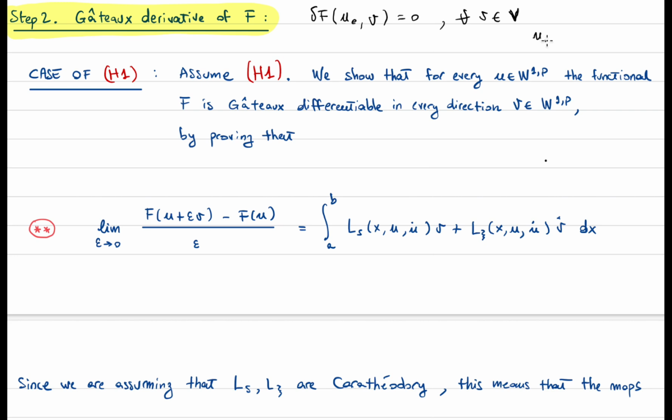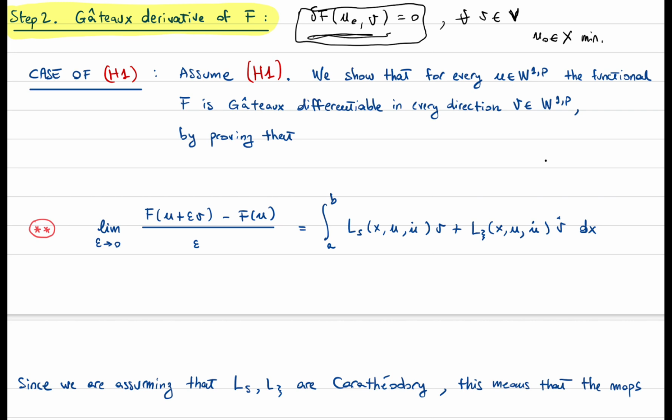And this is what gives us the Euler-Lagrange equation. So the idea is to do the same now, and we know that in an affine space this is just the Gateaux derivative.